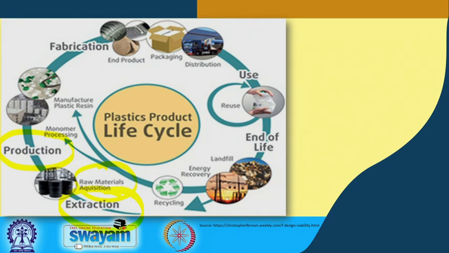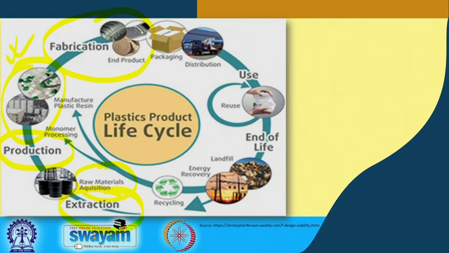From that, several different types of plastics are formed, and with those plastics we are fabricating different products. Once you have the basic plastic raw material, from there you make a product.